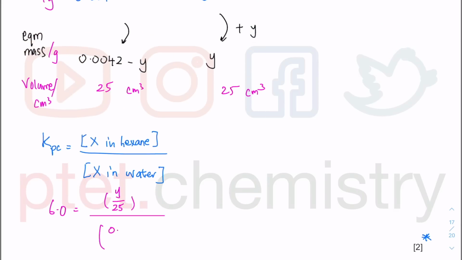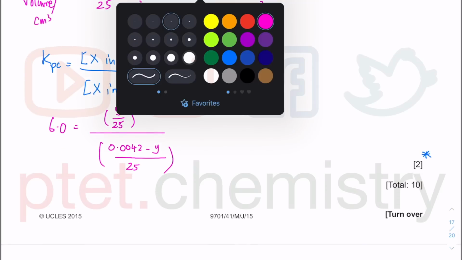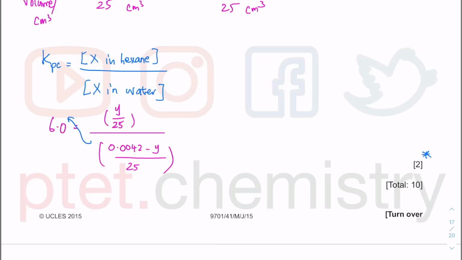At the bottom, I have 0.0042 minus Y over 25. So just do your math and bring up that thing there. So that will become 6.0 times 0.0042 minus Y, and that is divided by 25 equal to Y over 25.